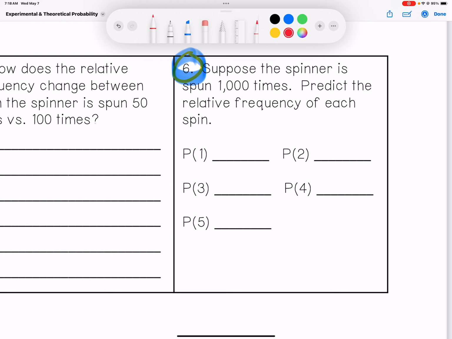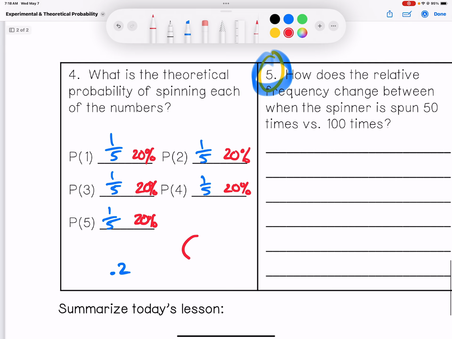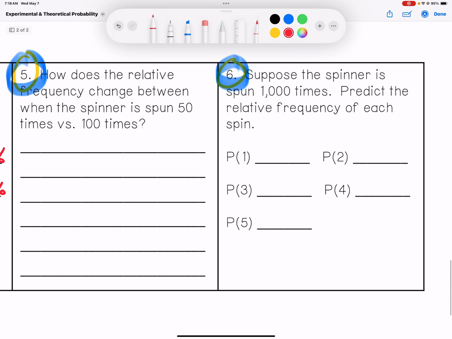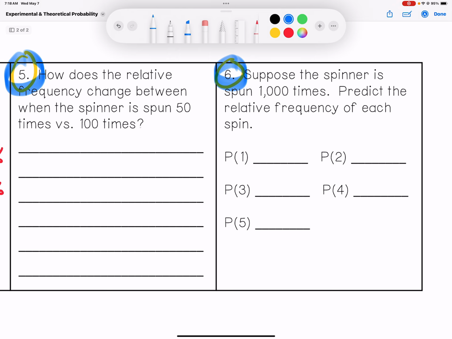Because we're predicting. So we don't know it. It's not experimental. We're predicting. It's theoretical at that point. Okay? So what should it be? The same as the theoretical. It's what it should be. Okay? So it should be 1/5. 20%. Well, I told you you were going to answer number 6, but I'll go ahead and answer it.